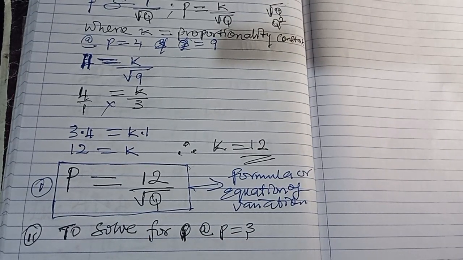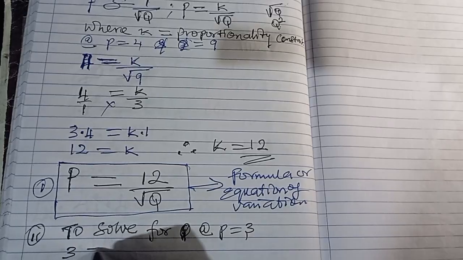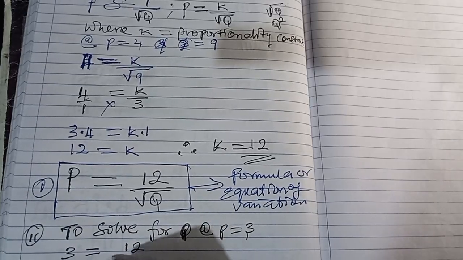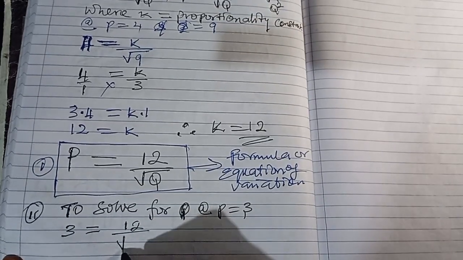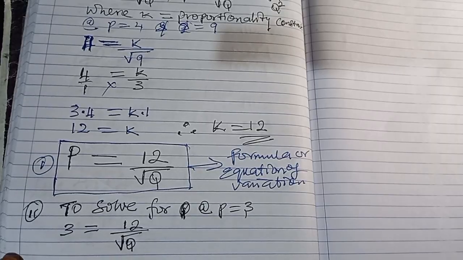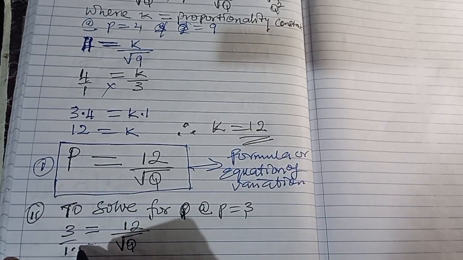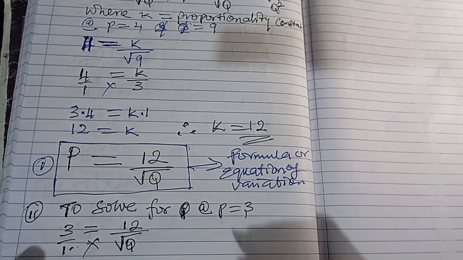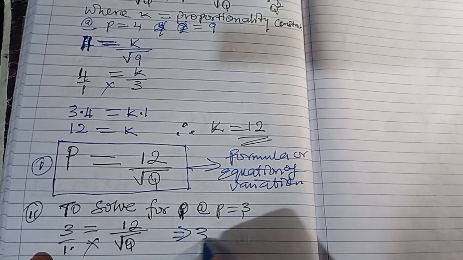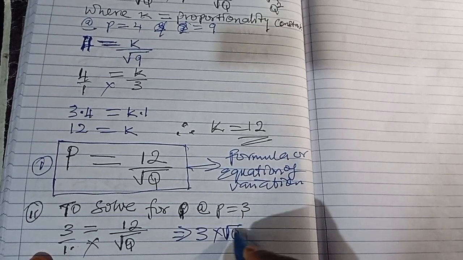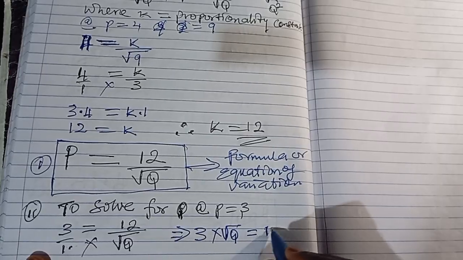So let's still substitute. I will now have 3 is equal to 12 over root q. Okay, I'll still cross multiply here, because this is 1. When you cross multiply, you have 3 multiplied by root q equals 12.